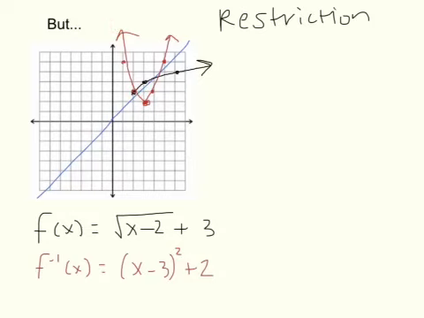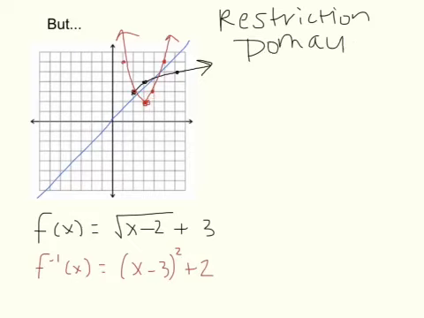So what we want to do is restrict it, so that way this piece is not part of my inverse. So we only want this right side. And that's what you do for that, is you get a domain.